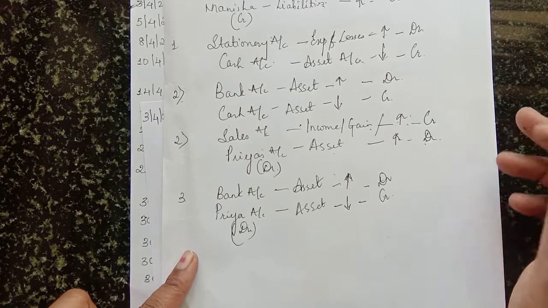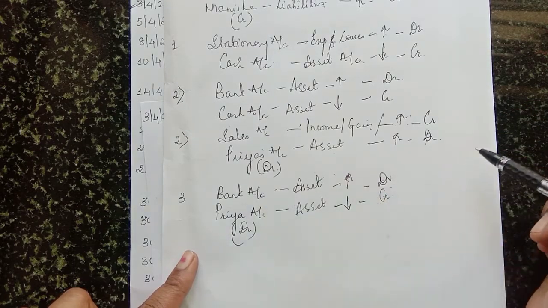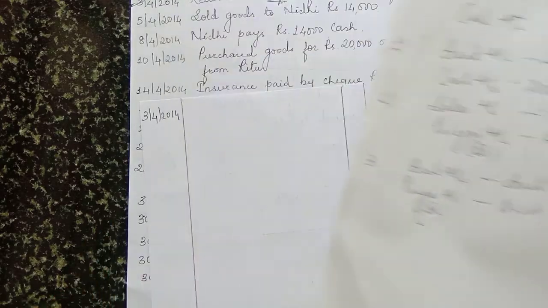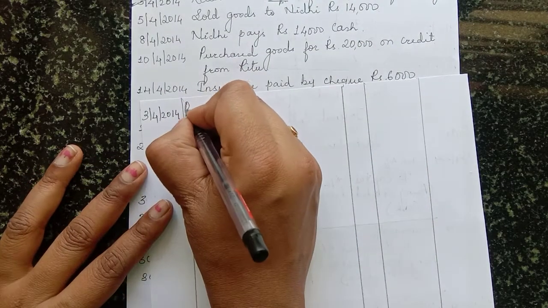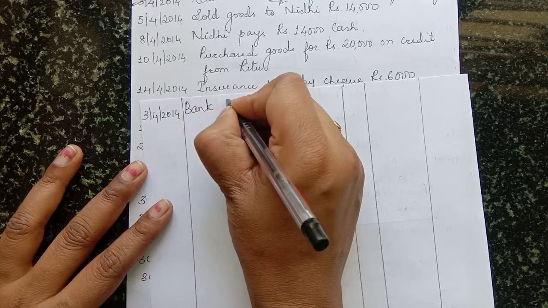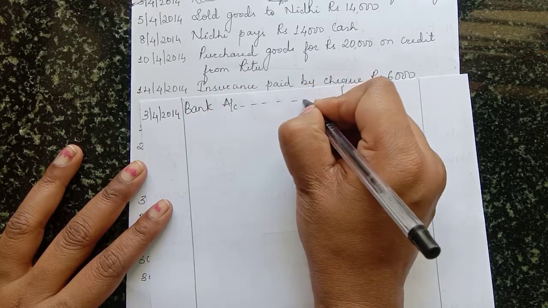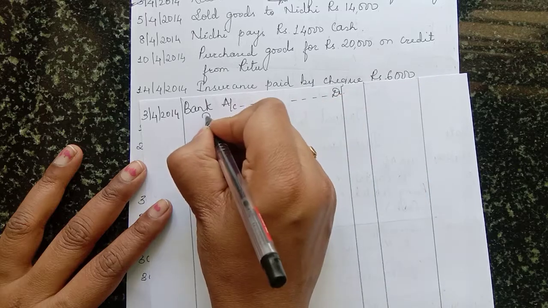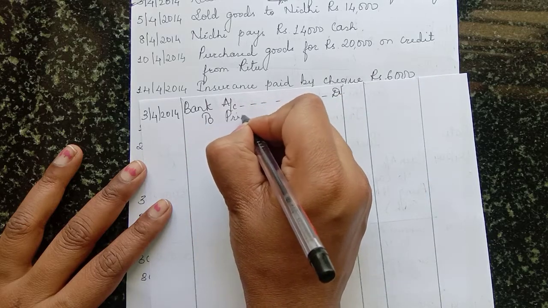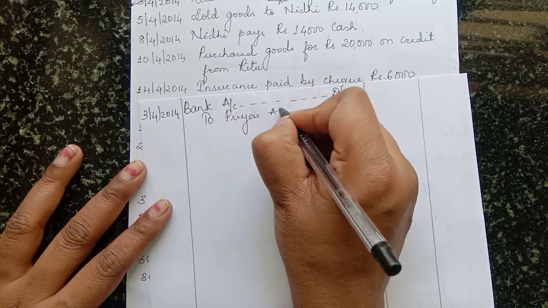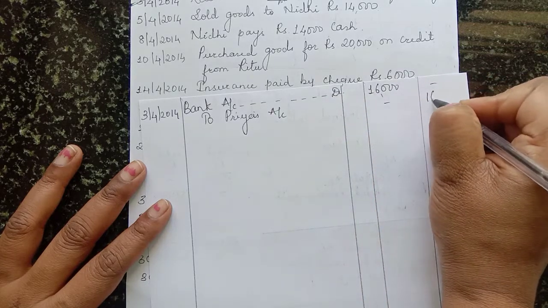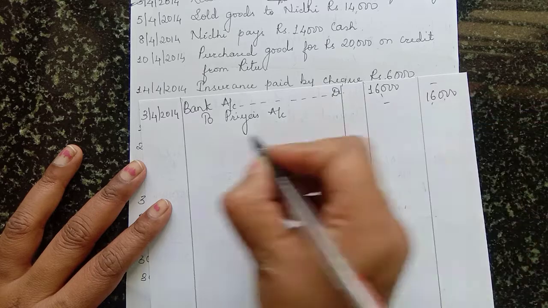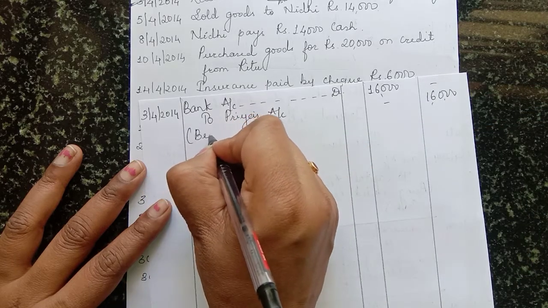So what is the journal entry? Bank account debit to Priya's account. Amount is 16,000. Write the narration.